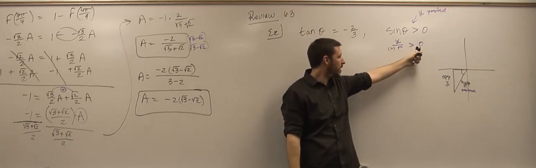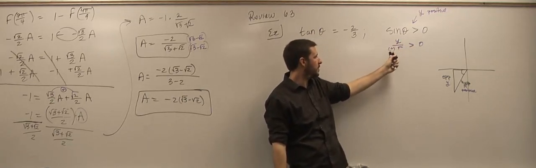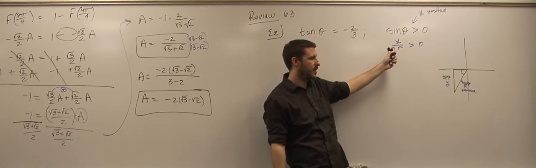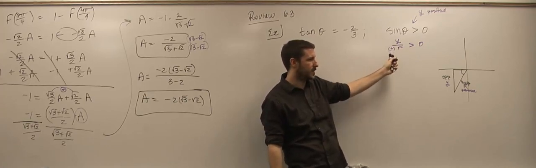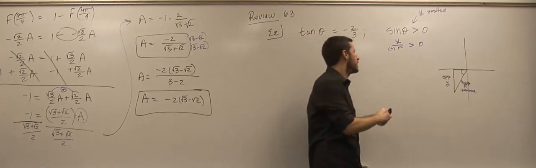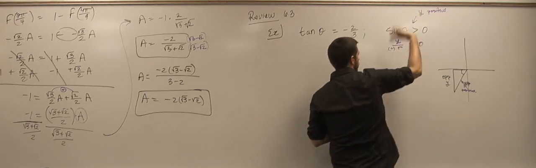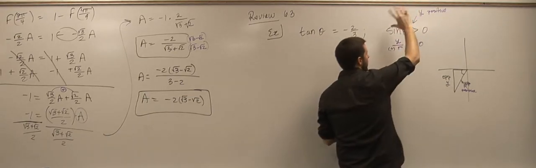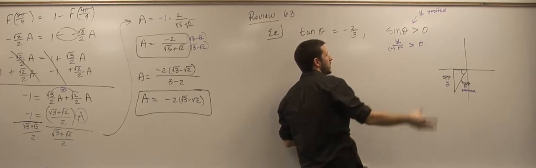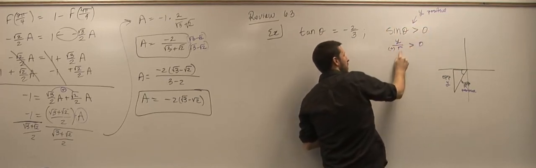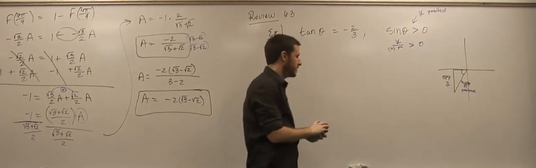The only way you can get a positive result is if you have a positive over a positive or a negative over a negative. And we can't have a negative over a negative because r is not negative. So one way to go through this analysis is to say, all right, sine is y over r. Since sine is positive and r is positive, I know y has to be positive. That's legit.